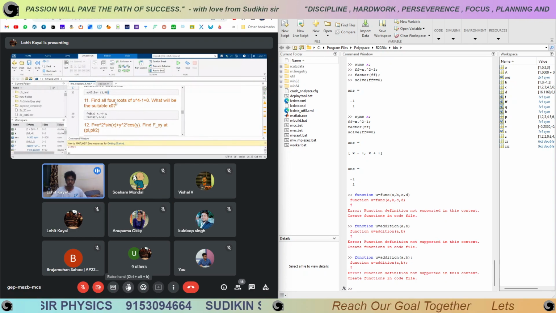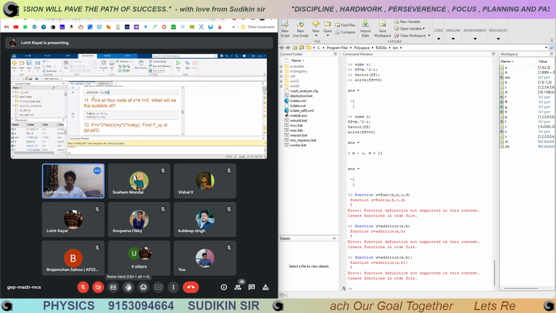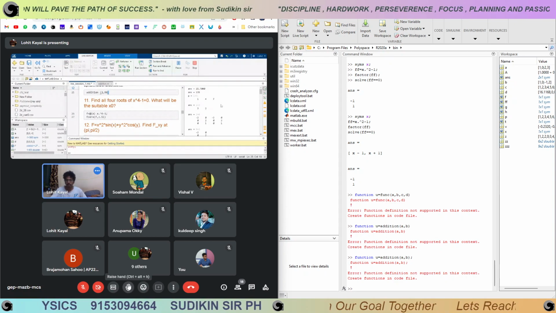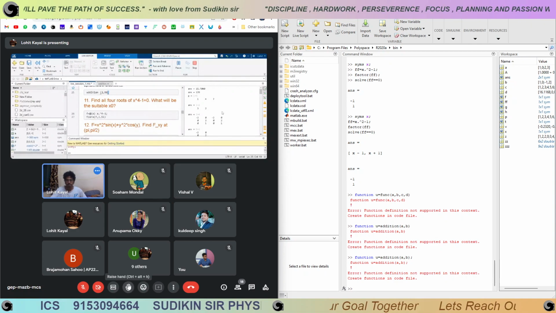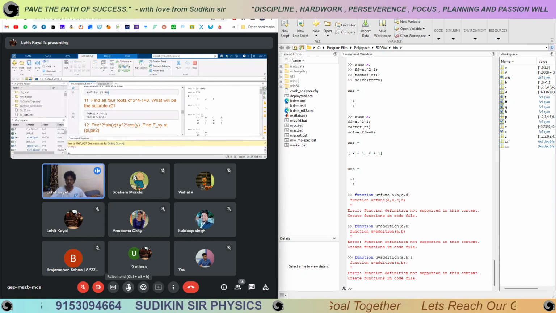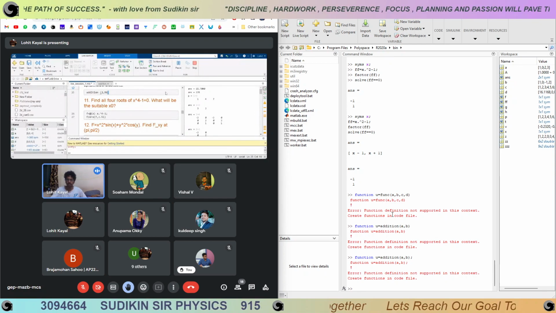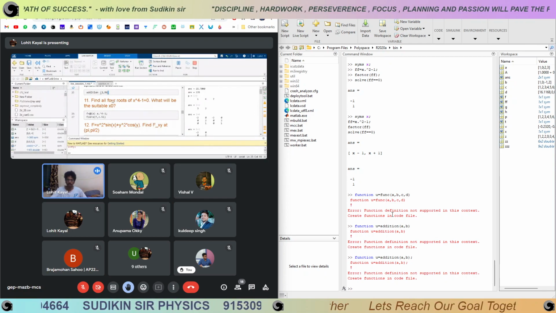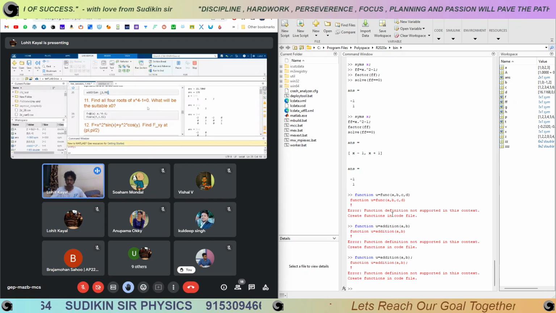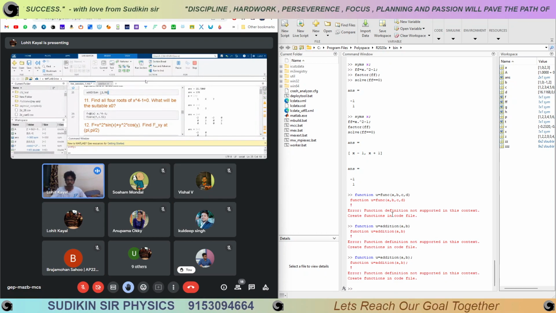So let me go back to the questions once again. So is it done? When it is done, I will show you that this u is not appearing. This u appears because I didn't put a semicolon in my function. If you write it like this, it will just show answer equal to 100.